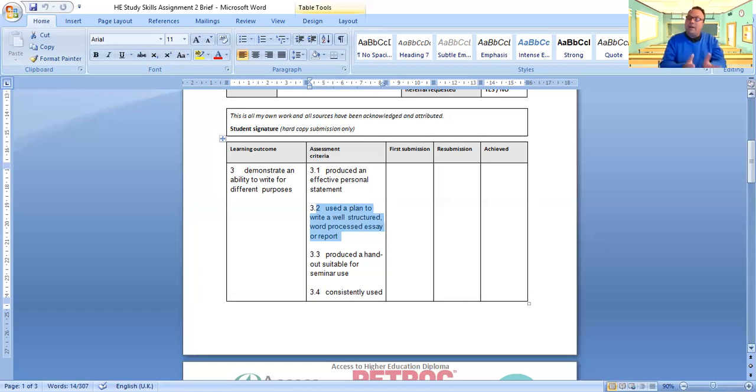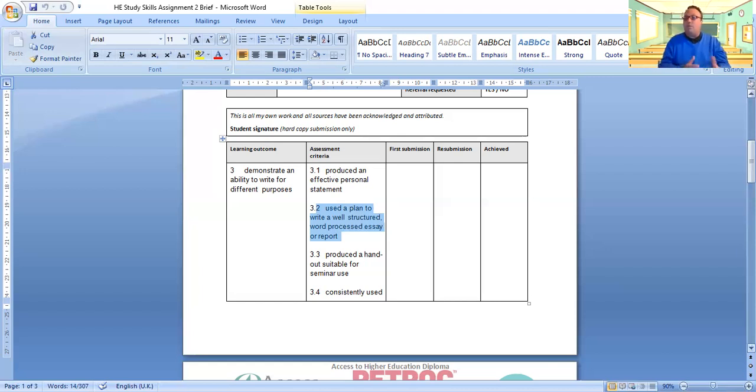So that when it comes to grading an essay, you're more likely to get a higher grade with analysis dominating and evaluation dominating the text rather than description and narrative.